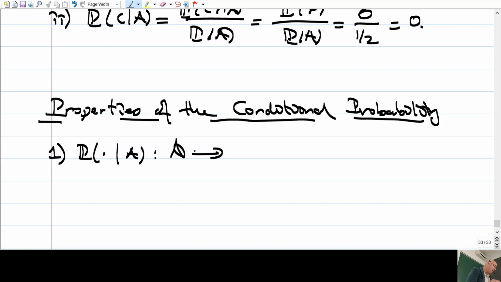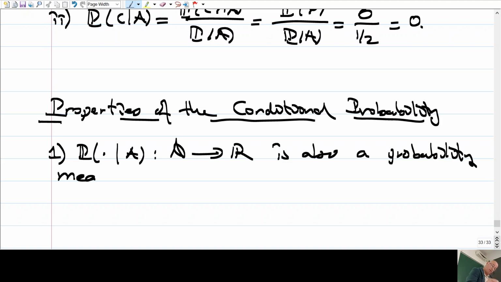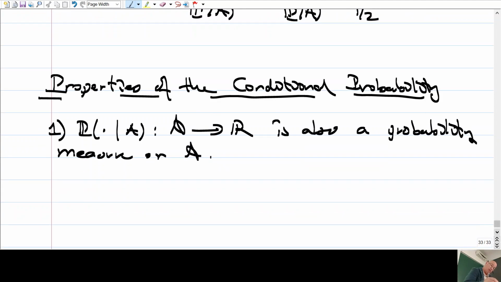This is considered as a function on the algebra A. Of course, it will take real number values. It is also a probability measure on A.